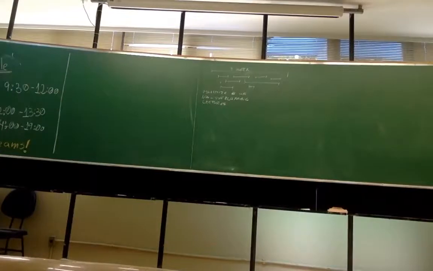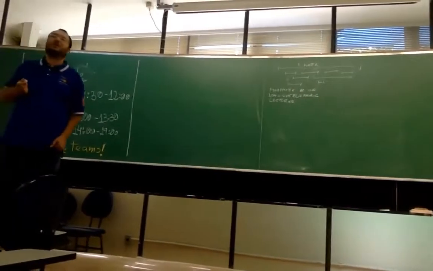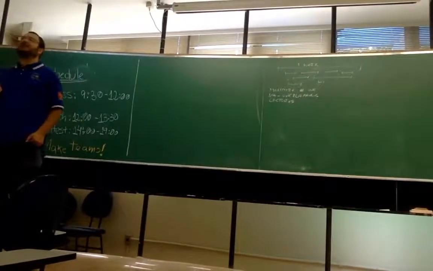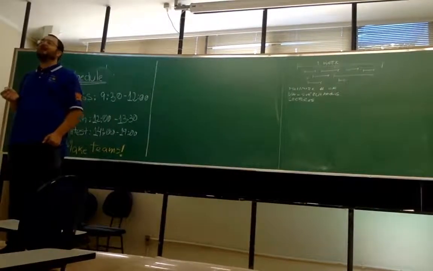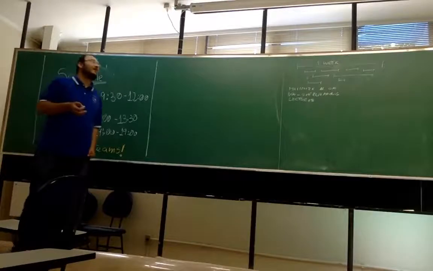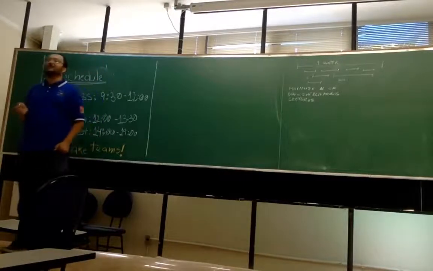And in some problems, there is like one obvious greedy strategy, and the only question is whether or not this strategy is correct. In this problem, there are very many greedy strategies.